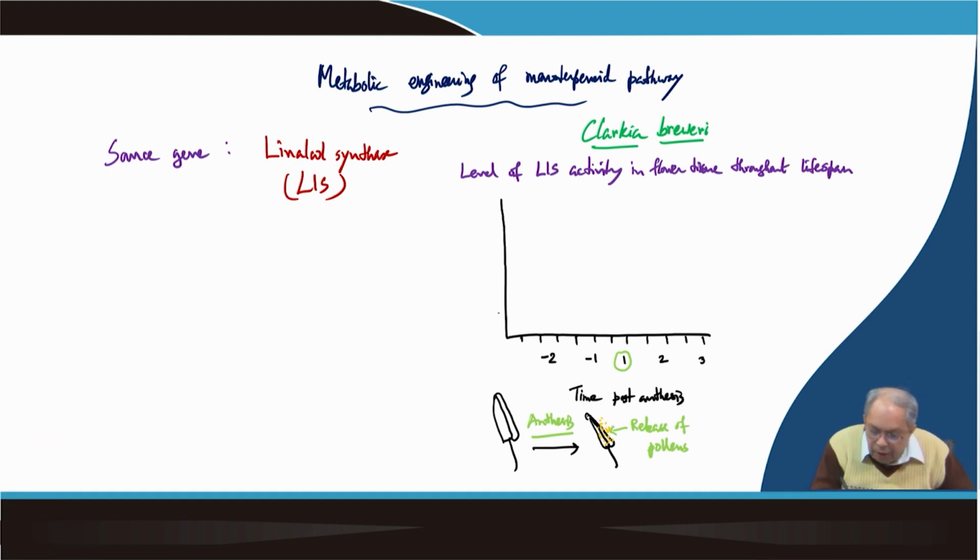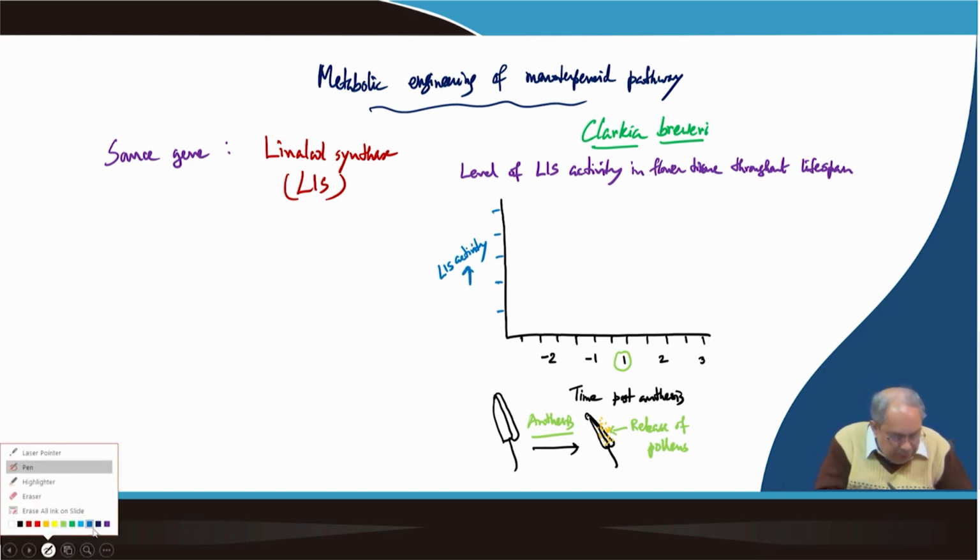I will put the scale, the y axis is for the activity, the LIS activity, and that may be in a unit like picokatal or nanokatal per flower tissue. I am not going into those details.